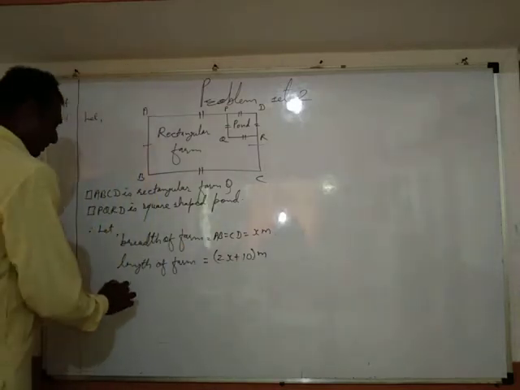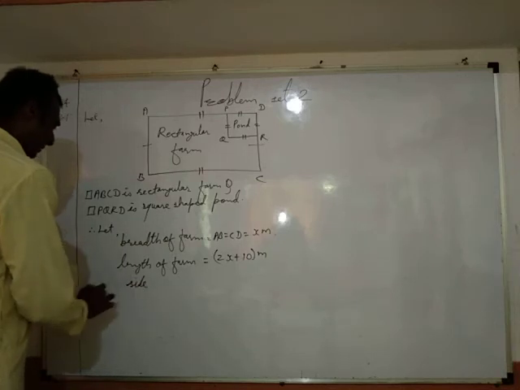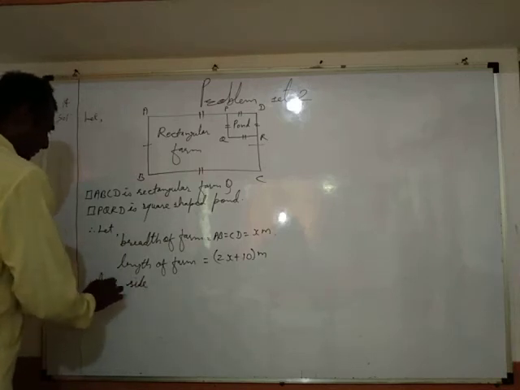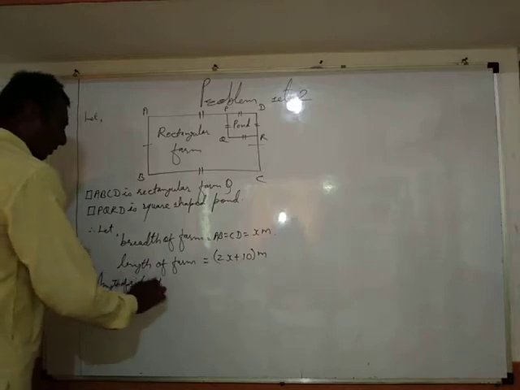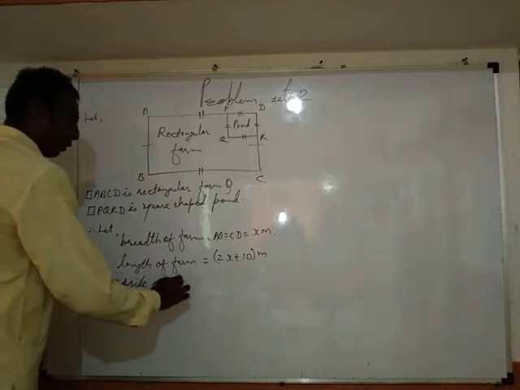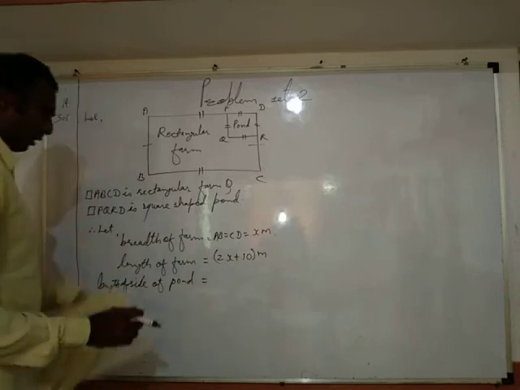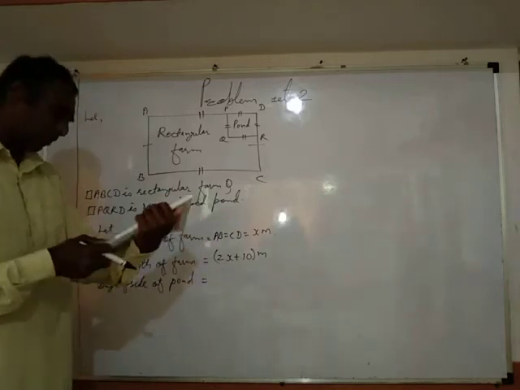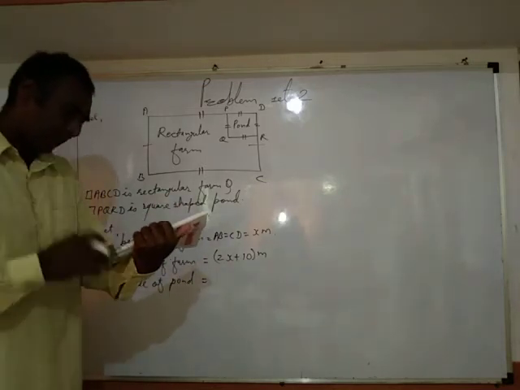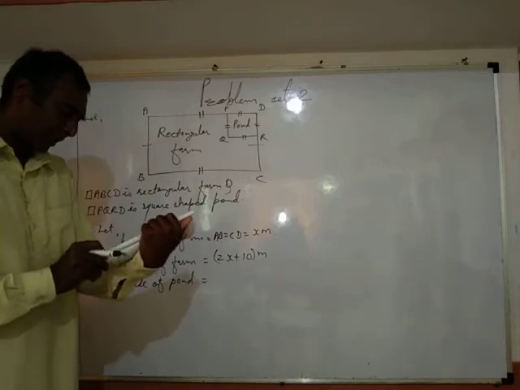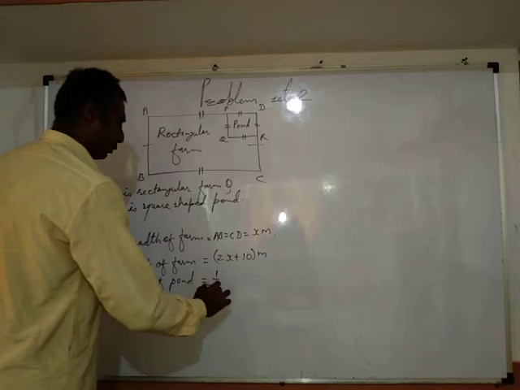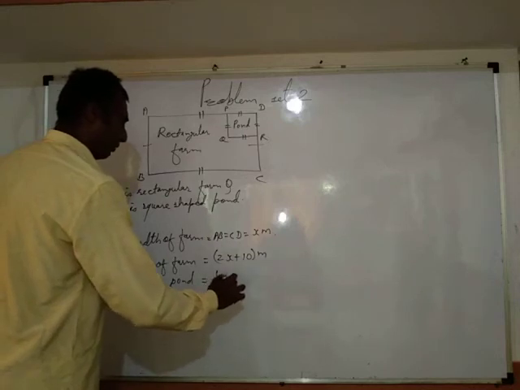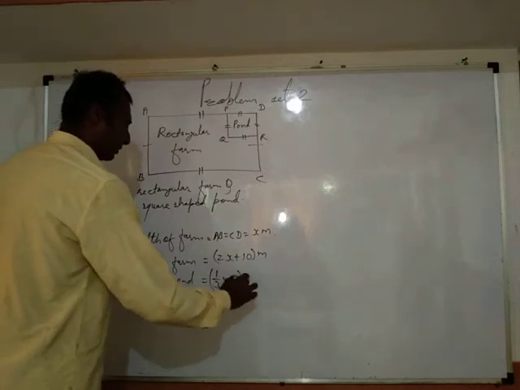And side length of pond. Okay, what's about length of side of pond? It tells us the side of pond is 1/3 of the breadth of the farm. Okay, means 1/3 of x this much meter.